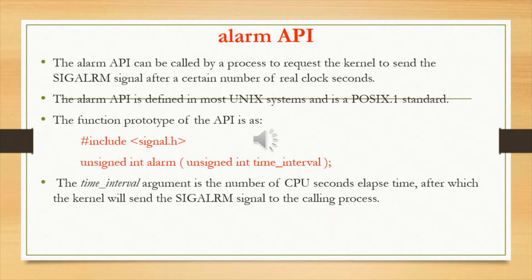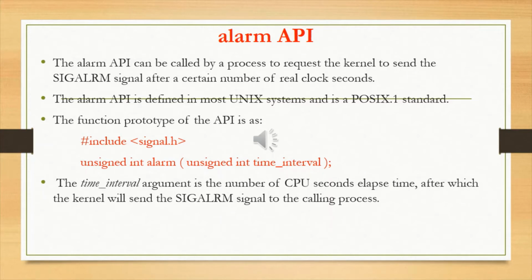The time interval argument is the number of CPU seconds of elapsed time, nothing but completed time, after which the kernel will send the SIGALRM signal to the calling process. If the time interval value is 0, it turns off the alarm clock.